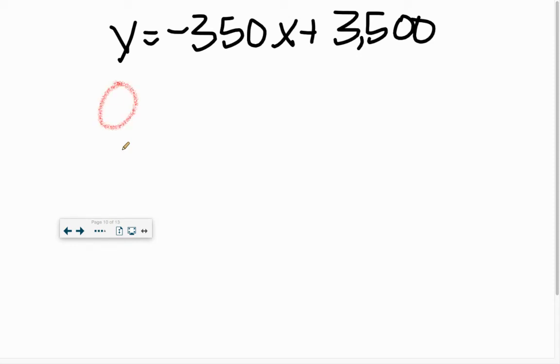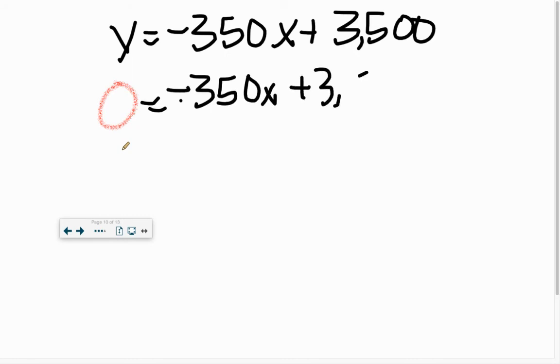There's no more feet of the tunnel to complete, no more water pipe to lay down, no more altitude for a parachute guy to go down. We are done. So we plug in 0 into the equation, and then we're going to solve that equation for wherever that x value is.